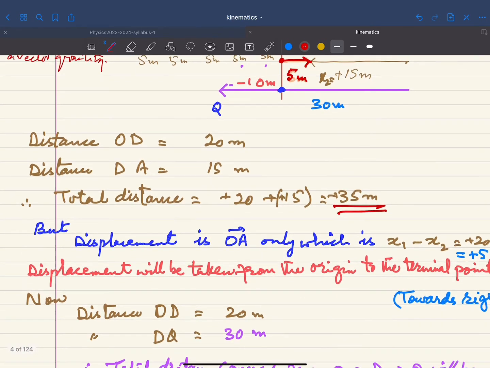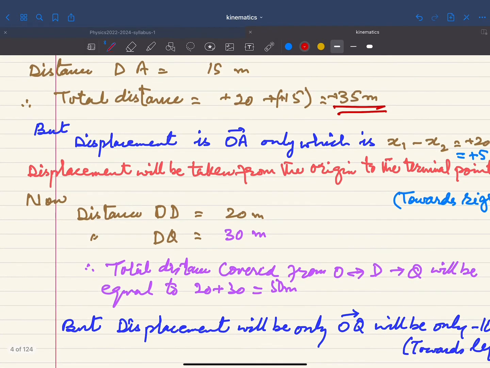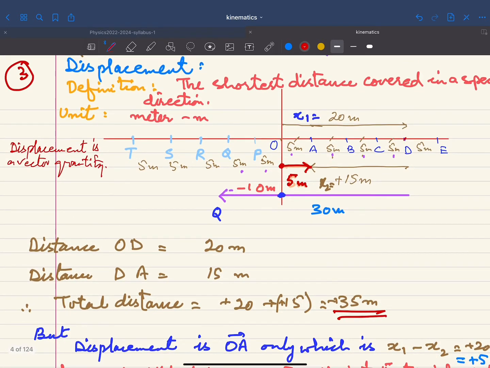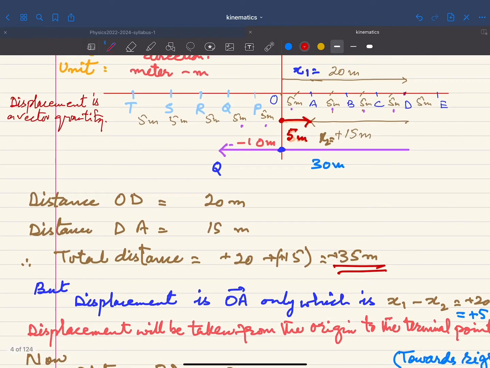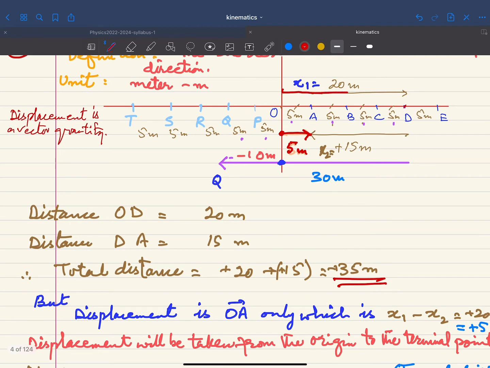Now if you are considering another situation, and suppose you are going from O to D, yani O to D, you have covered a distance of 20 meter, but from D you are coming in the opposite direction and you have covered a distance somewhere up to point Q. So again the same thing, where are you, what is your displacement?